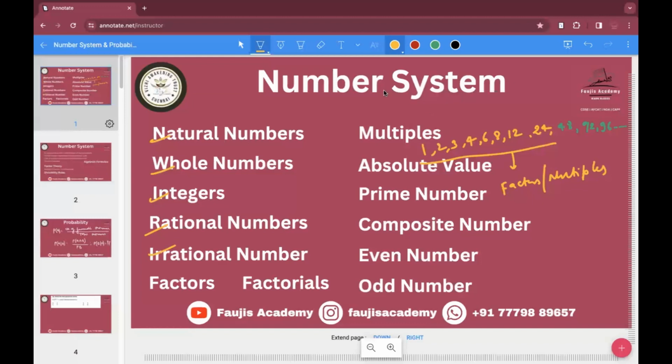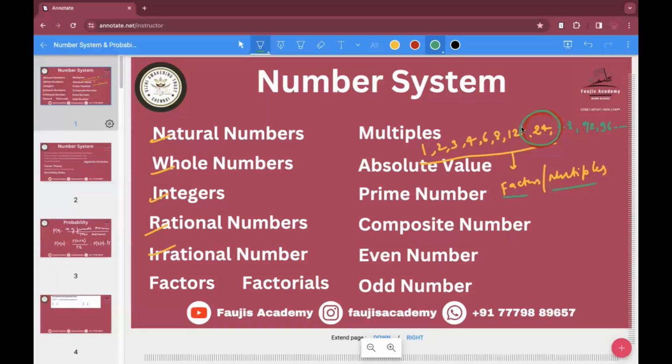Okay, Kishore. Buddy, good morning. Sir, yes. The numbers I have highlighted in yellow, are these factors or multiples? For this number, for 24, I'm asking specifically. Multiples, sir.